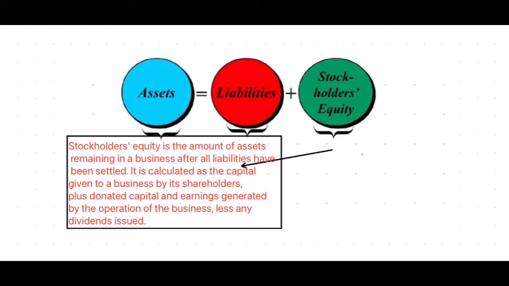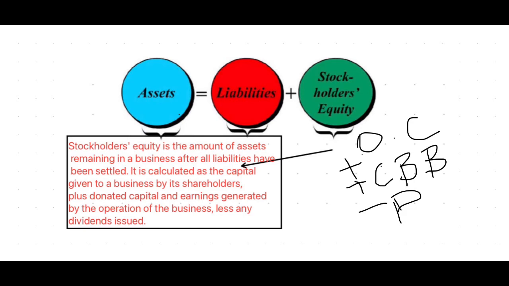It is calculated as the capital given to the business by the shareholders, which is known as the opening capital, plus the capital brought in the business and the earnings generated by the operations of the business, which is known as profit. We will add these, less any dividends. Dividends are the drawings. We will talk about this.